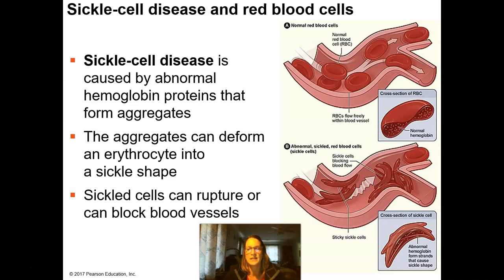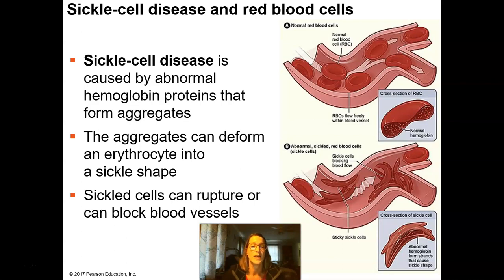And what happens in sickle cell is the hemoglobin proteins form these aggregates or groups, and that can deform the shape of the red blood cell into something that looks like a sickle, which is sort of like something that you would use to cut vegetation or something. Okay, so that's what the sickle cell name comes from, is that it's shaped like a curved sword, which is called a sickle.